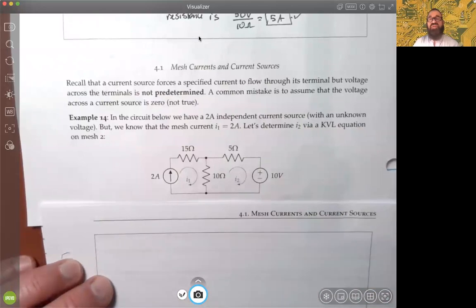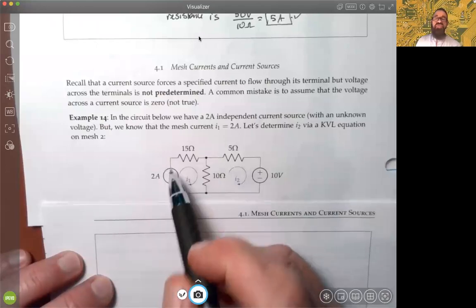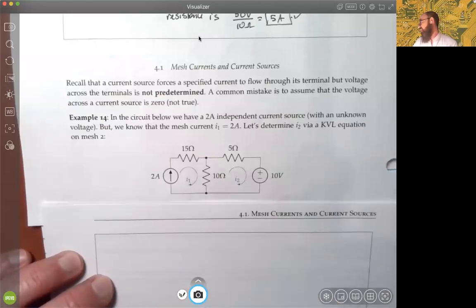And of course, our convention, as we mentioned in the previous lecture, is to draw the mesh currents clockwise. But the interesting issue here is that we already have a current source available for that current.